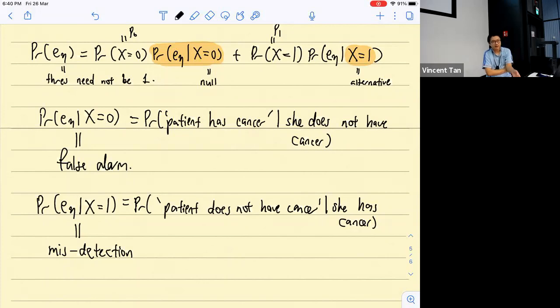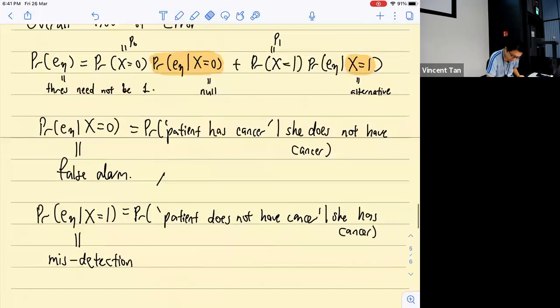As you can see in this medical example, these two errors are not symmetric in real life. They need not be symmetric. Whatever happens here, we have these two errors. This is also called type 1 error in statistics, I believe. I cannot remember precision and recall, sorry. This is called type 2 error.